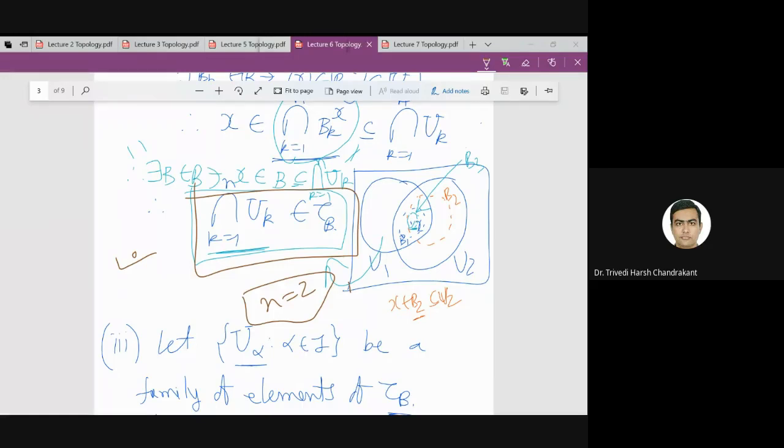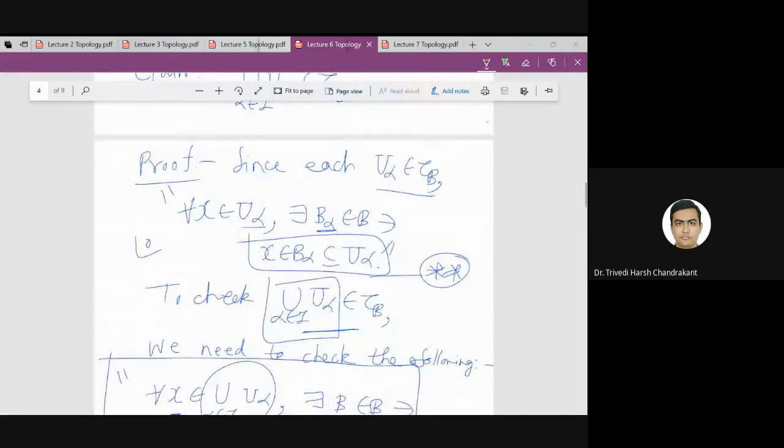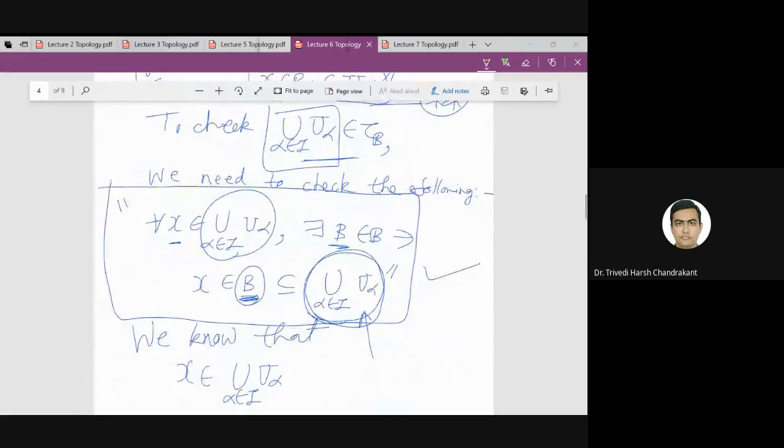Basically we are using the second property of the definition of basis B. And then the third property also we can prove very easily. In fact, this third property is very easy to prove.